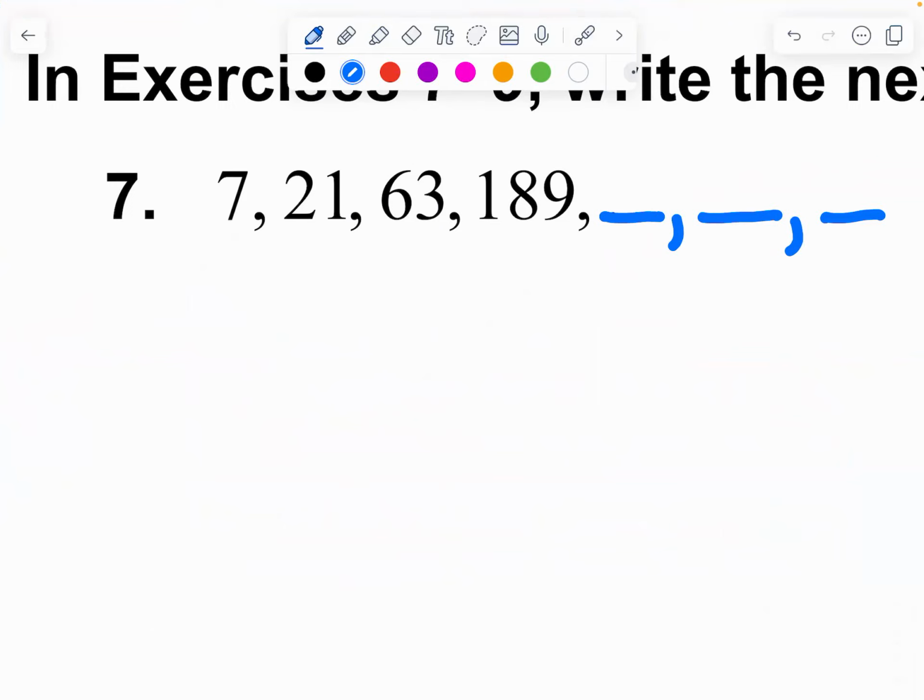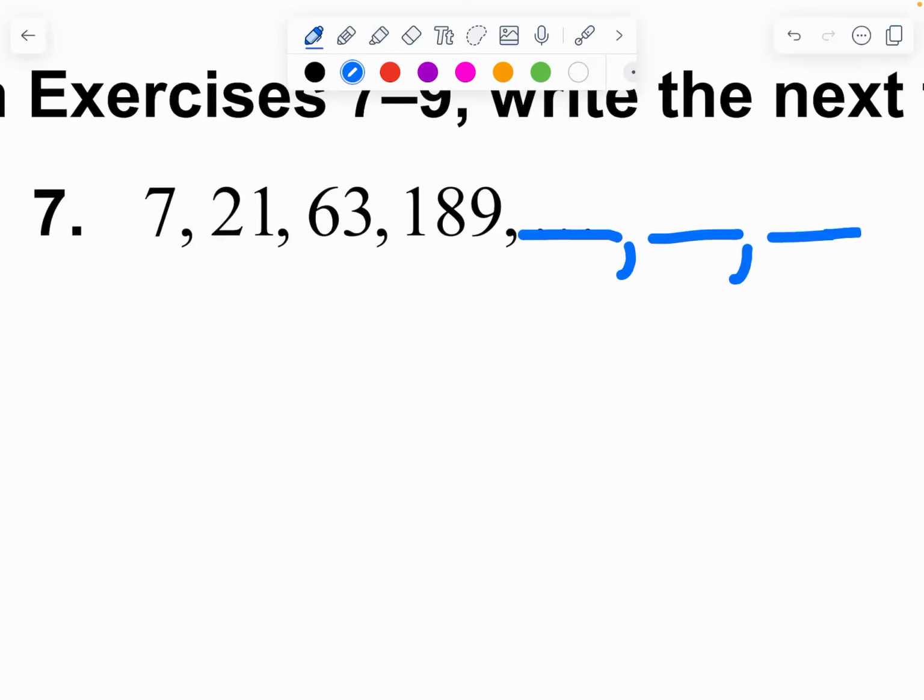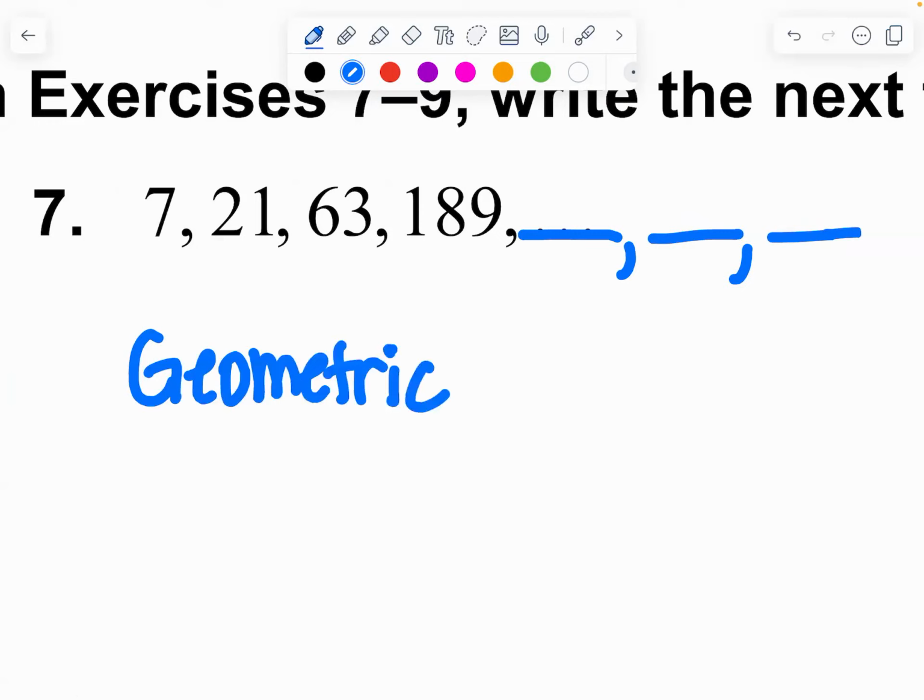So, Noah, Mr. Bossy Boss here, what kind of pattern do we have going on? We have times 3, is that what you said? Okay, so we have geometric. Brooks, is he right? Times 3? Okay, so help me out.